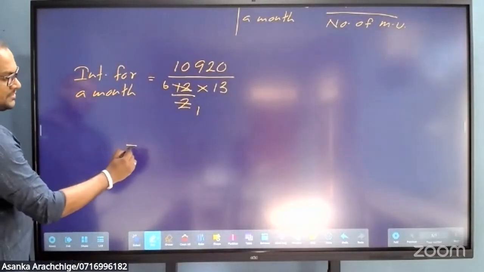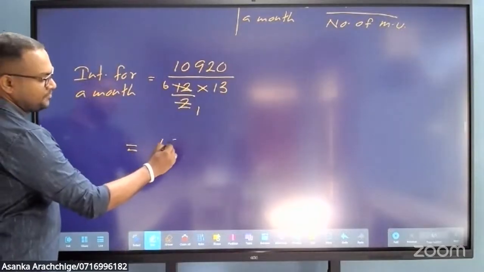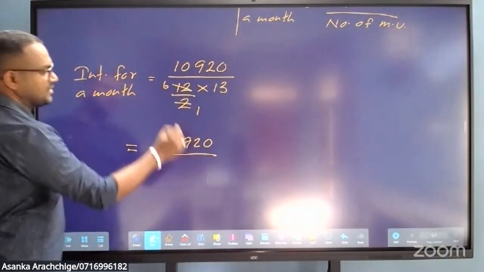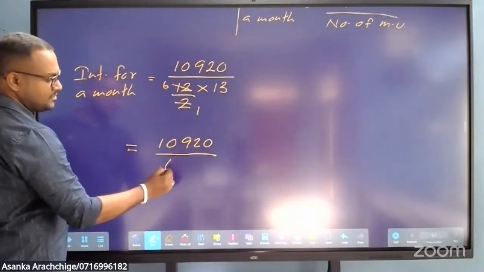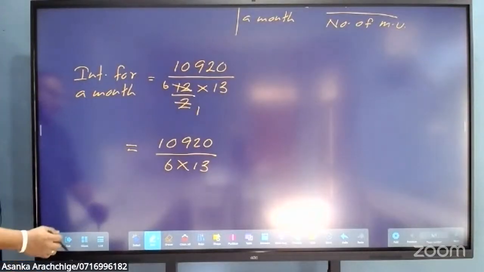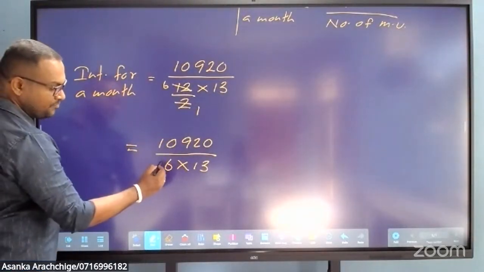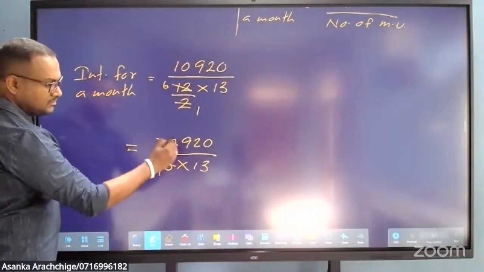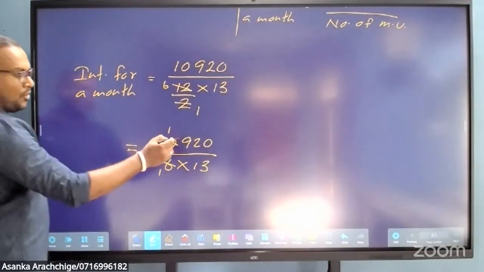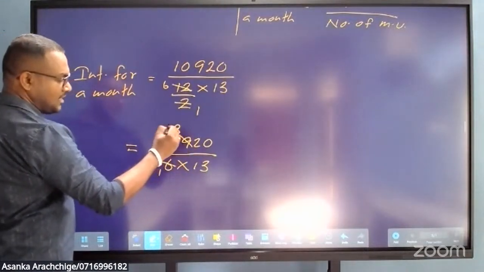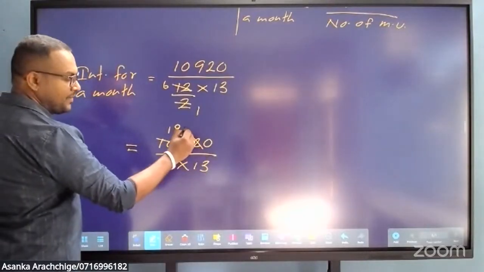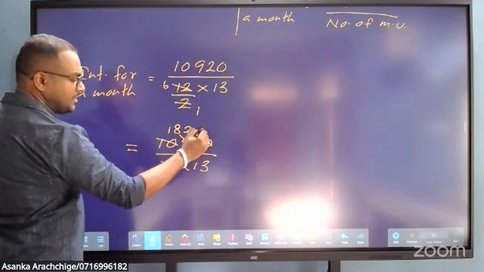Therefore, interest per month is equal to 10,920 divided by 6 times 13. Clear? Now cancel the factors again. 6 times 1, 6, and 4 remaining. 4 and 9, 49, 6 times 8, 48 and 1 remaining. 1 and 2, 12, 6 times 2 and 0.